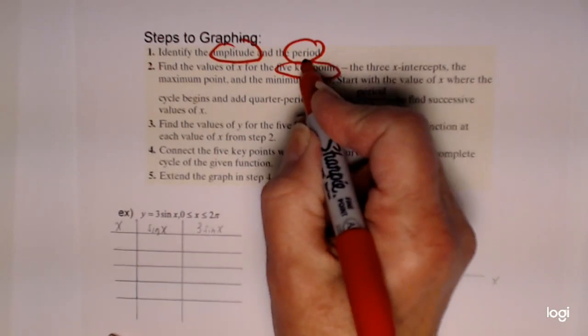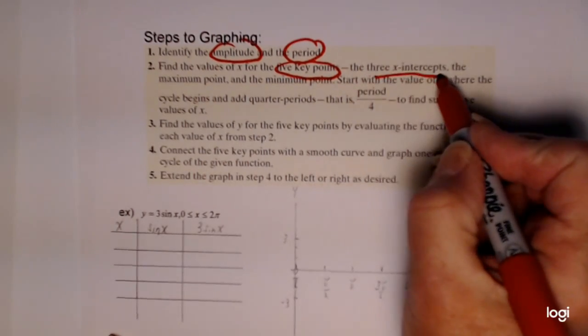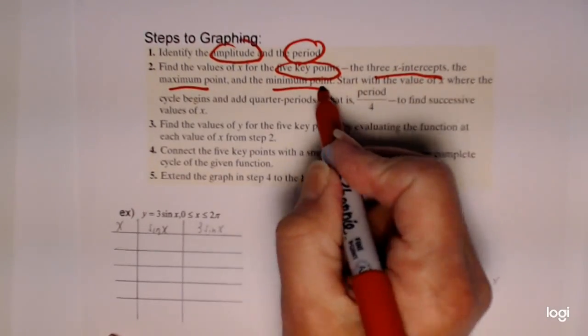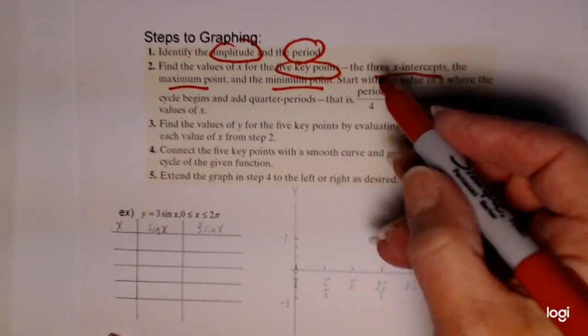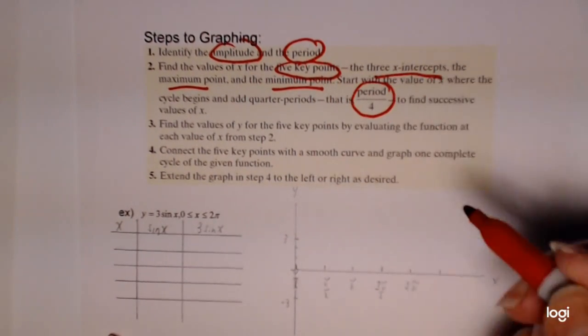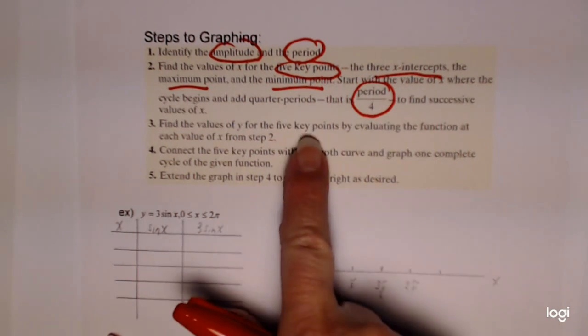So we're going to find those 5 key x values where we're going to have our 3 intercepts and then the max and the min. So we're going to find those x values. And the way we're going to do that is we're going to take our period and we're going to divide it by 4.